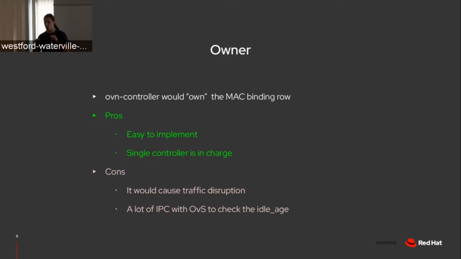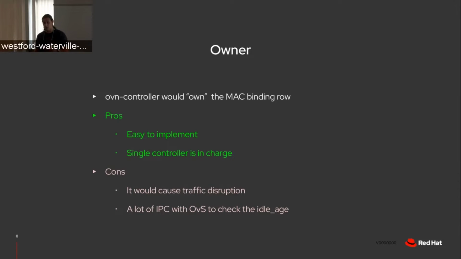The controller that sees the response from the ARP is responsible for writing it into the database. So the idea was that the controller that writes the MAC binding into the database will become an owner. That might sound like a good idea, because now the race condition problem goes away, because there is only a single controller that takes care of the MAC binding.